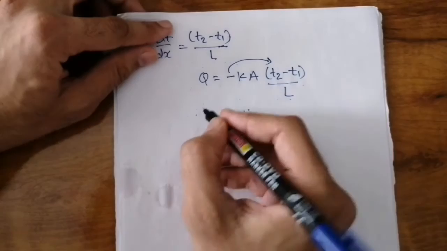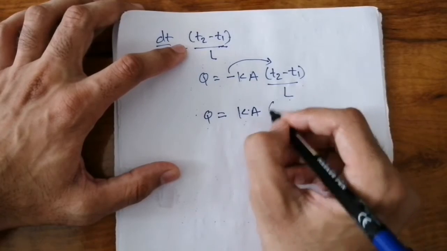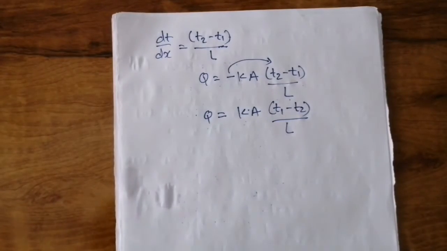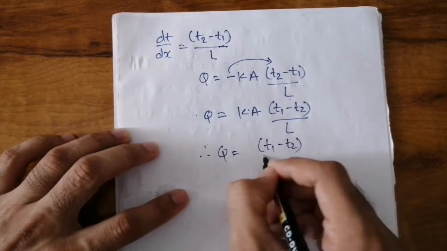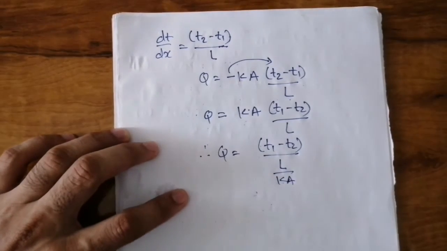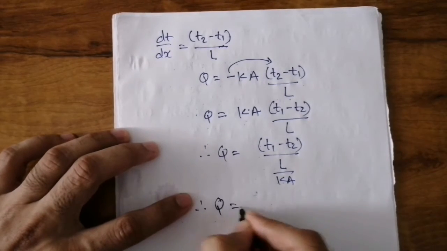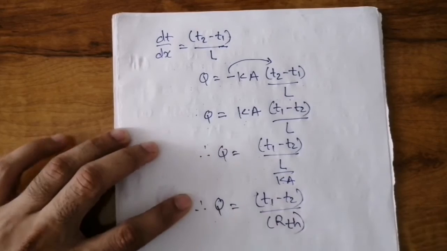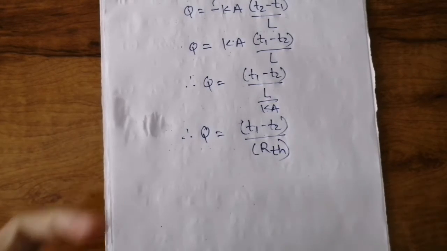So Q is equal to kA times T1 minus T2 divided by L. We can also write Q is equal to T1 minus T2 divided by L by kA. So we can say that Q is equal to T1 minus T2 divided by RTH. What is RTH? That is your thermal conduction resistance for the wall.